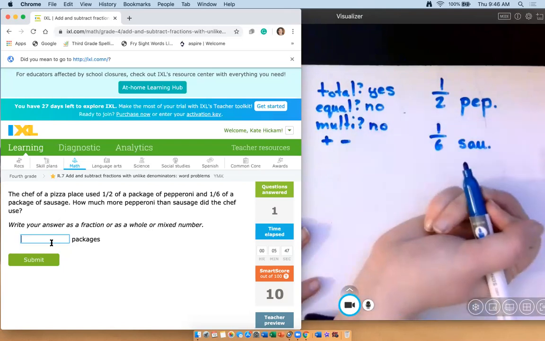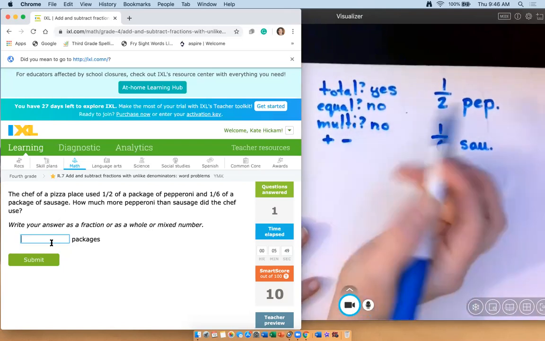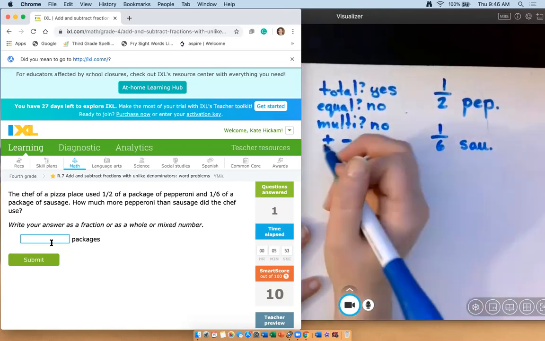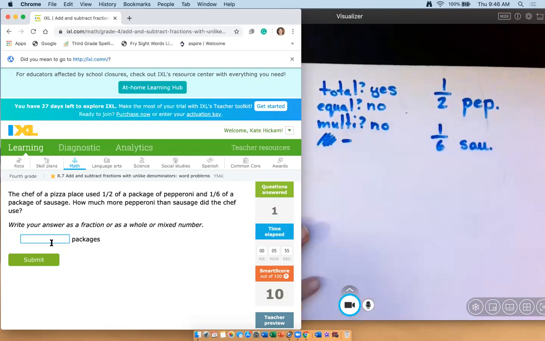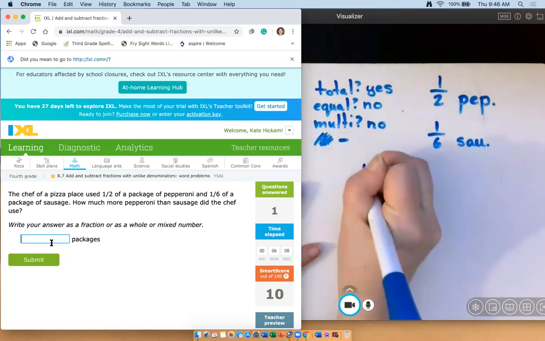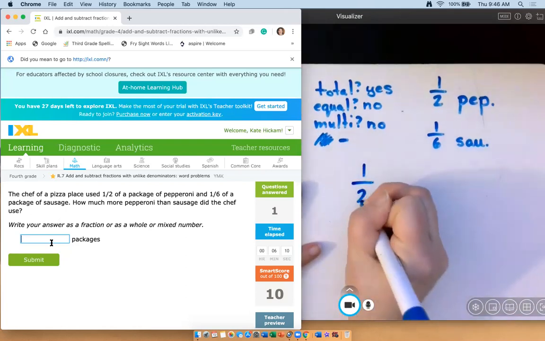Since I have the total, I have how much pepperoni he has, and I have how much sausage he used. I don't need to add, I'm going to subtract. Now, it says how much more pepperoni than sausage. Well, that tells me right there that I have more pepperoni than I do sausage. So I'm going to put my bigger number in front because it's a subtraction problem.